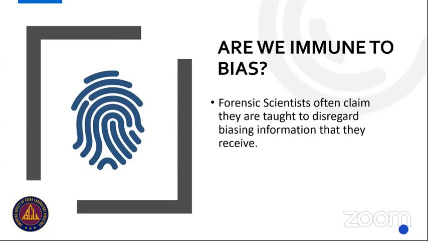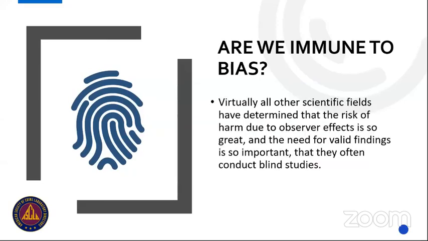That is not a true statement, because bias is a result of the way that our brains process information and we reach conclusions. We are not immune to bias. We are affected by bias.